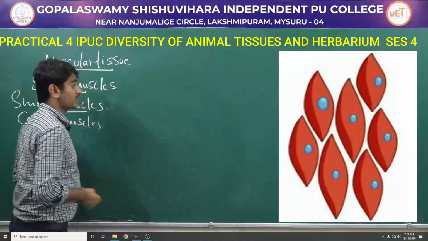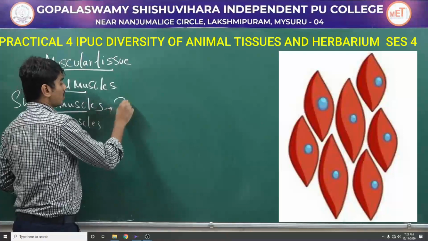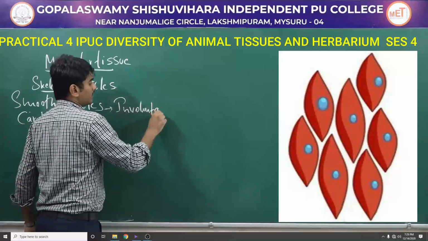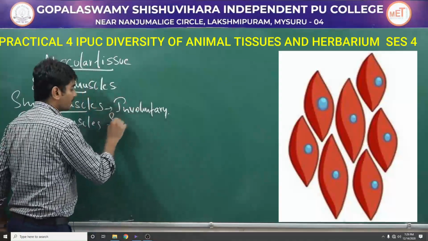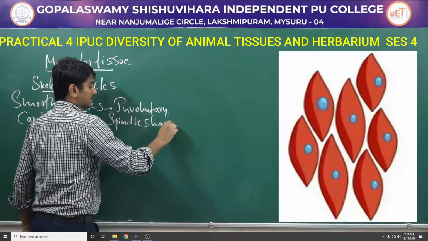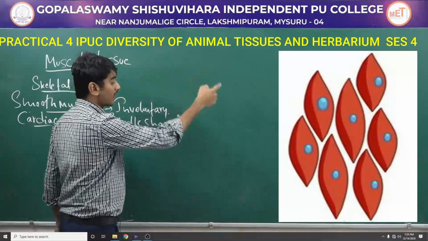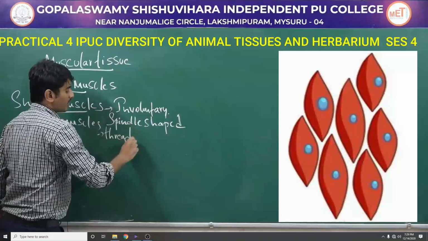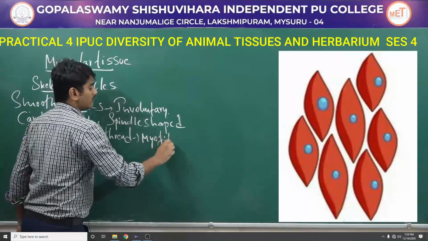On the right side we can observe the picture of smooth muscles. These muscles are involuntary, and the cells are spindle shaped, with thread-like myofibrils arranged longitudinally.